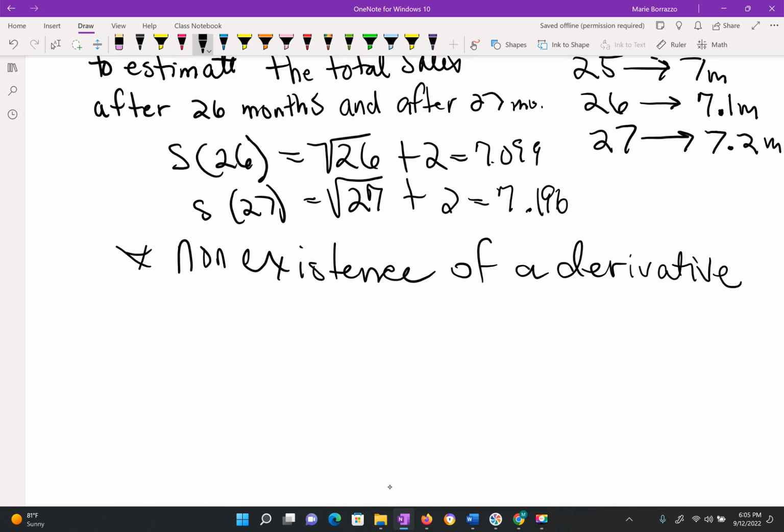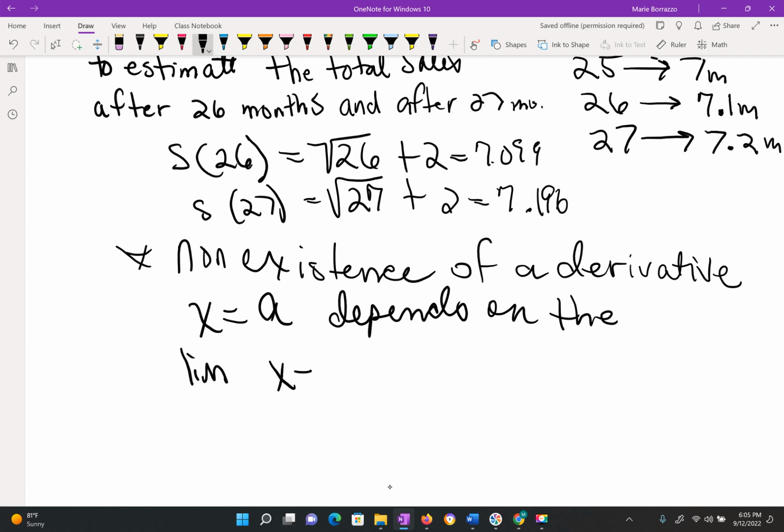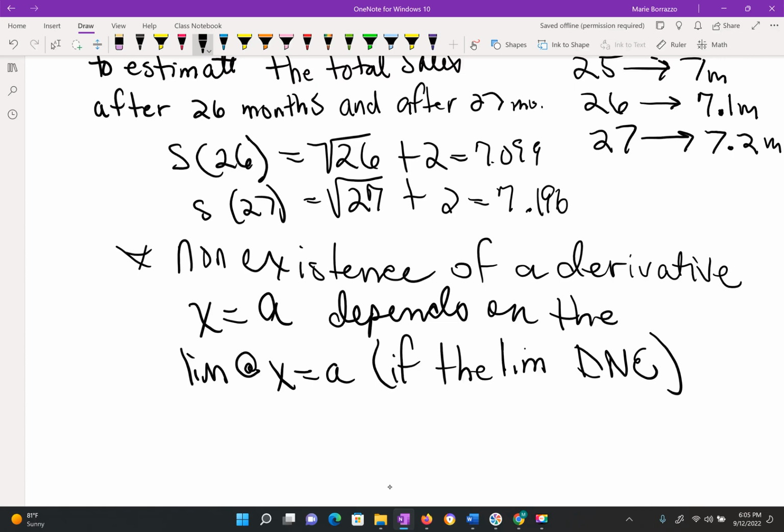So the existence of the derivative at x equal to a depends on the limit existing at x equals a, because if that does not exist, then we say that the function is non-differentiable at x equals a.